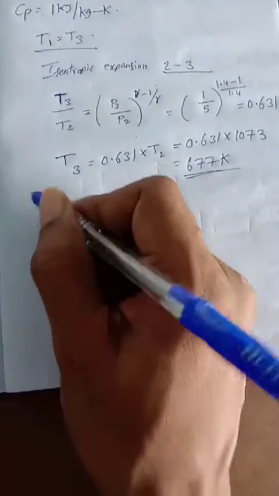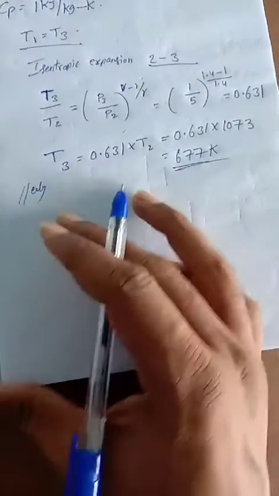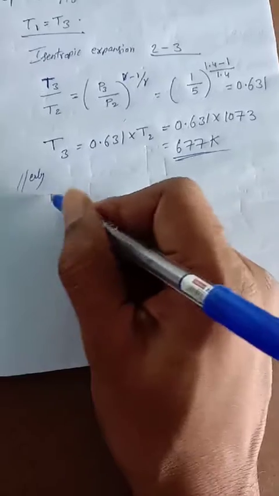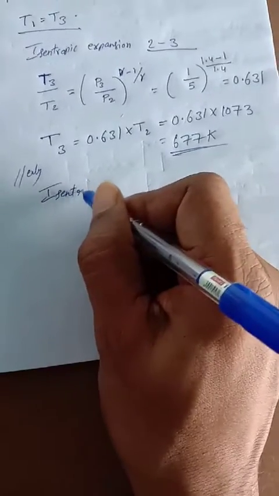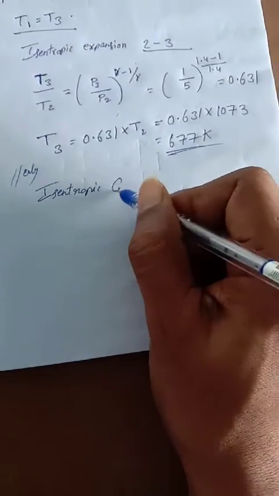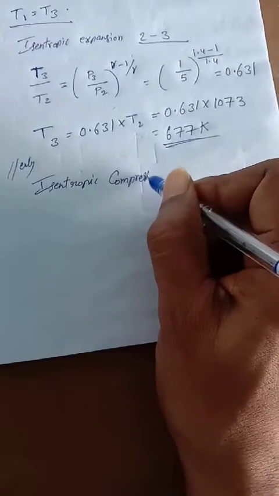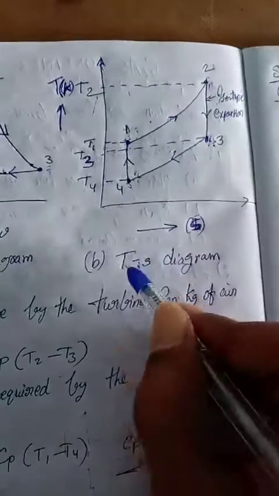Okay, now similarly I am going for isentropic compression. Where is the isentropic compression? Come to this TS diagram.